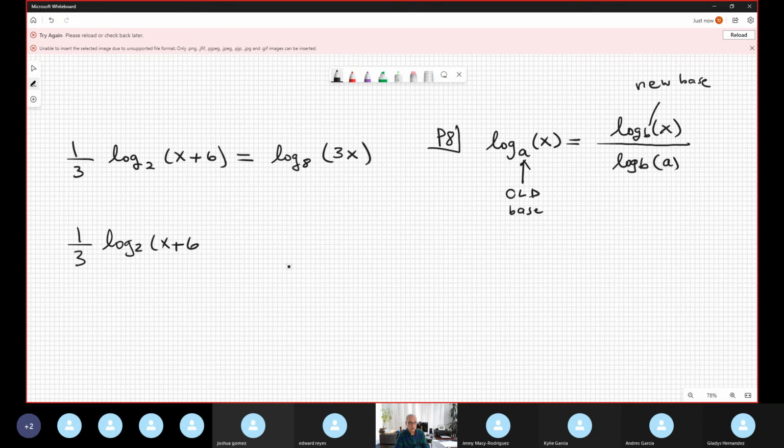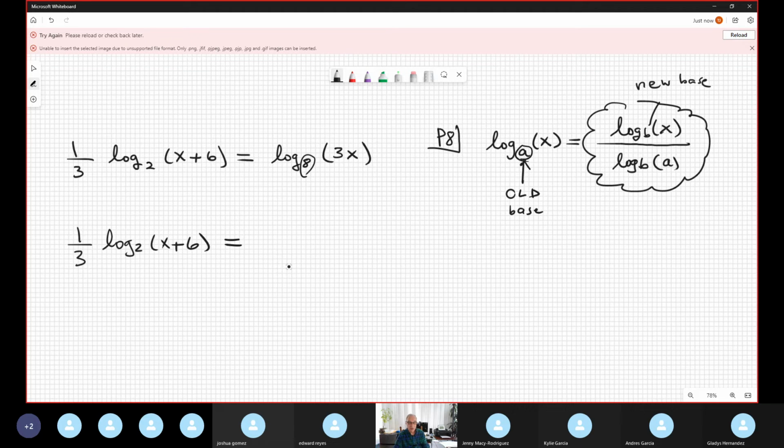I convert this right-hand side, getting logarithm base 8 to 2 using this formula. Compare, please: this 8 is the old base.